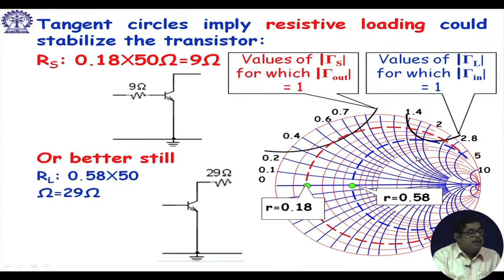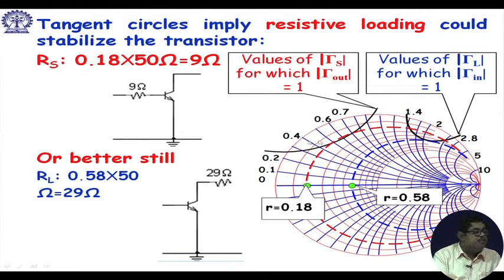Now, how can we do that? Also, if we want to give resistive loading, suppose this is my input stability circle, and this is my output stability circle. Now, I see all these constant resistance circles. The one that is tangent to the input stability circle is the constant resistance circle of normalized resistance value 0.18.